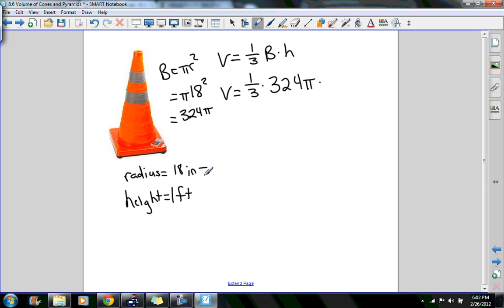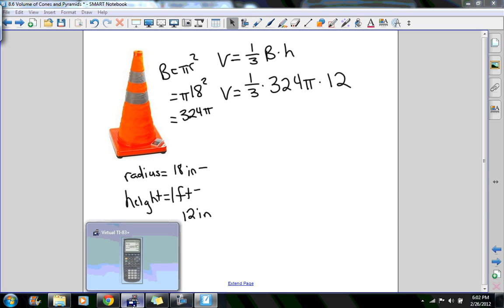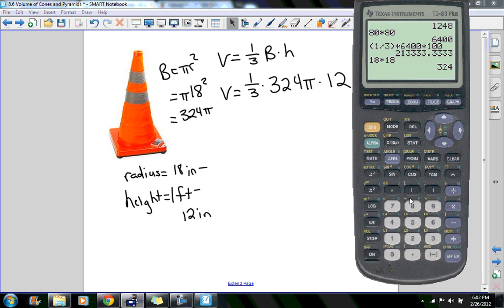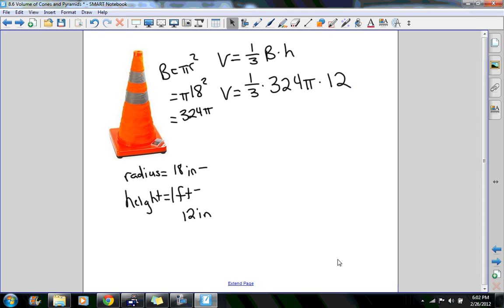But here's the problem. This is in inches, this is in feet, so this has to be converted to 12 inches. Okay, you could convert them both to feet, but inches is definitely the better option here. So then I have to do 1/3 times 324 times 12, which is 1,296.